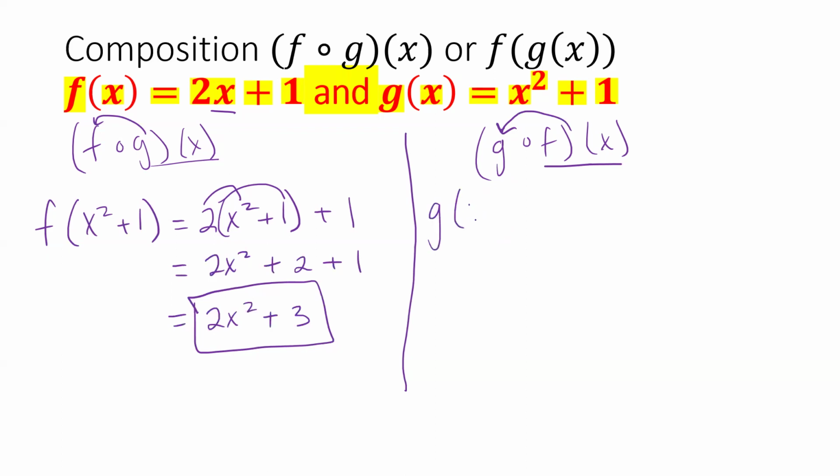So f of x is 2x plus 1. Agreed? Where the x is in g of x, we're now substituting it in with 2x plus 1. So now we have 2x plus 1 squared plus 1.